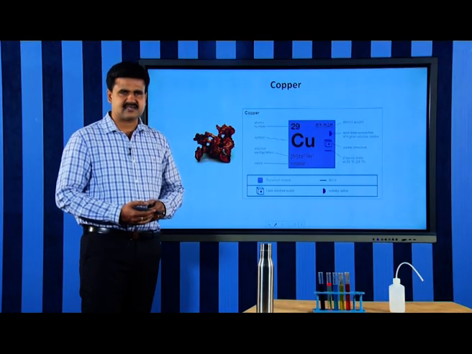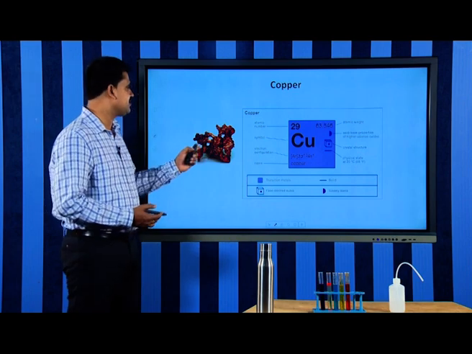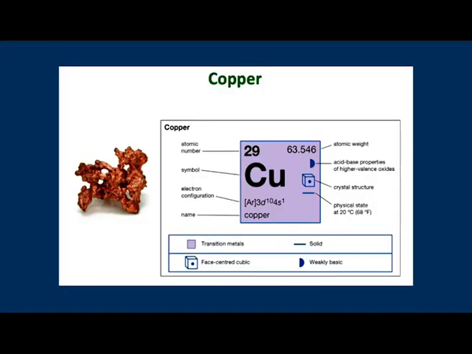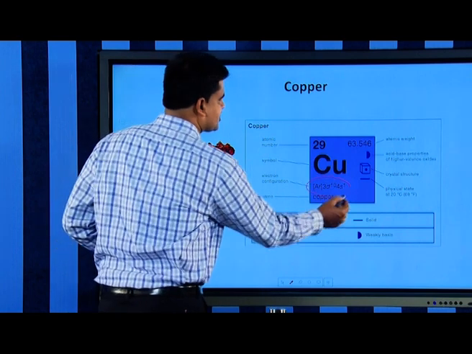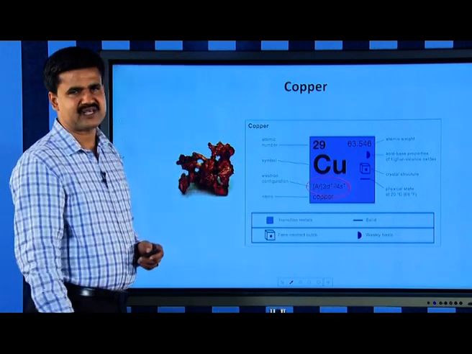Copper is another transition element. It appears nearly red in color. Almost all other metals appear dark grey in color, but copper has a slight red in its appearance. Copper with atomic number 29 has electronic arrangement argon core with 3d10 and 4s1. Here also there is an exception from the anticipated electronic arrangement.